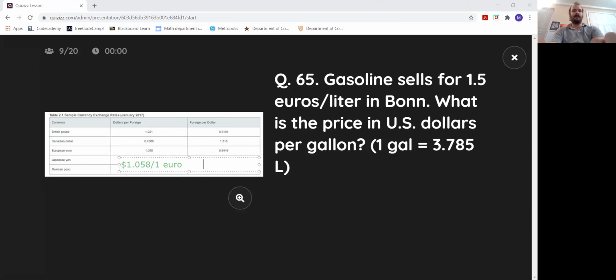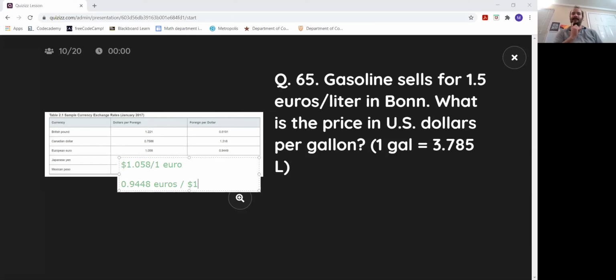Or the other way around, I have 0.9449 euros for every $1. So one of these is the one you want to use. You can use either one.